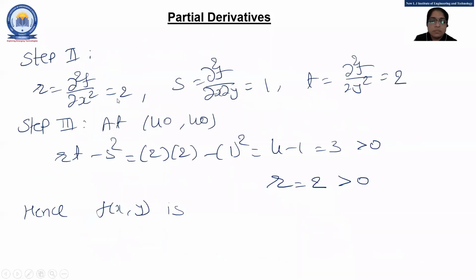So this is our minus 2, and this one is again minus 2, and this one is minus 1. Here minus minus is plus, and this minus 1 will remain the same. This is positive, but for the second derivative it will be minus 2. For s it will be minus 1, and for t it will be minus 2.